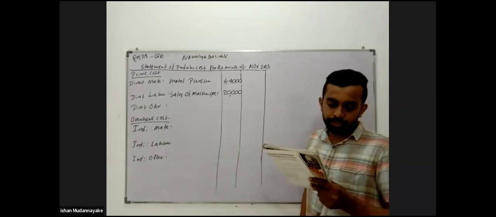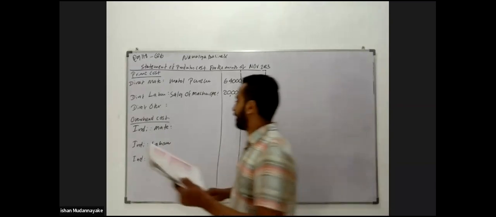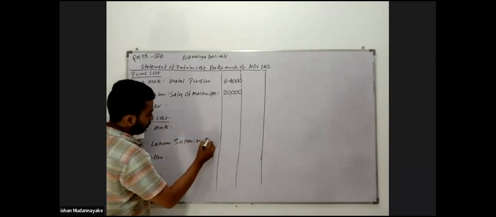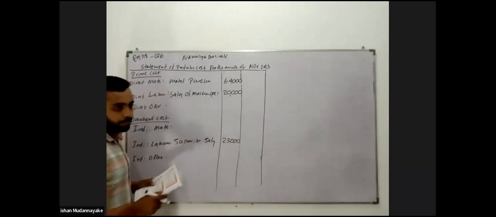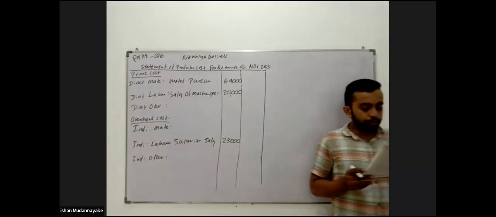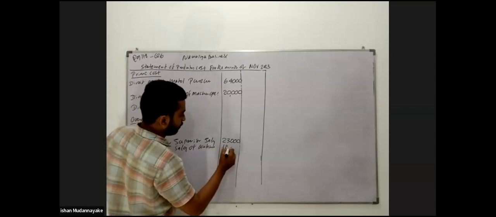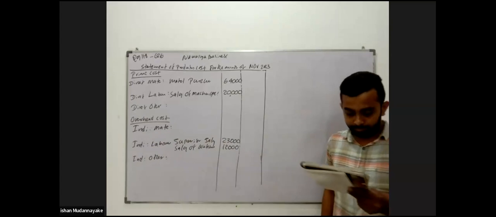Wages for the supervisor 23,000. How to classify it? Indirect labor, supervisor salary. Salary of the postman 12,000, indirect labor.